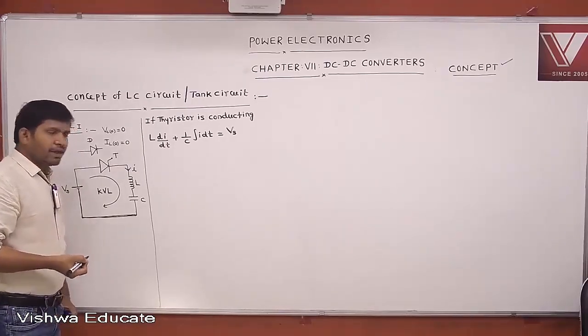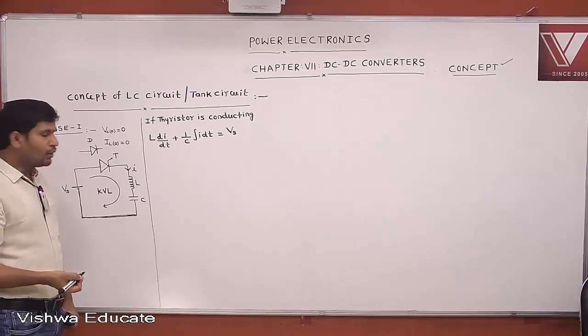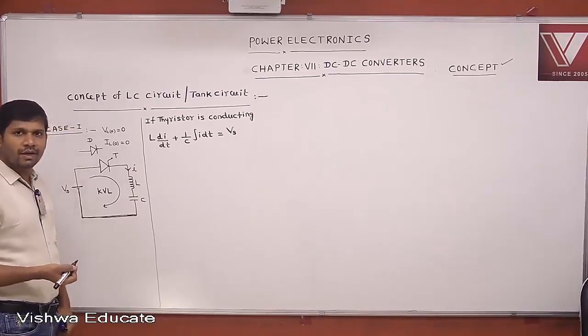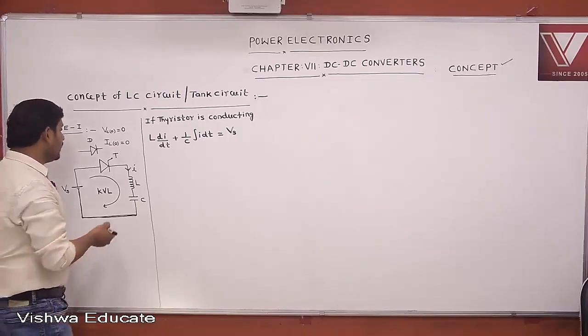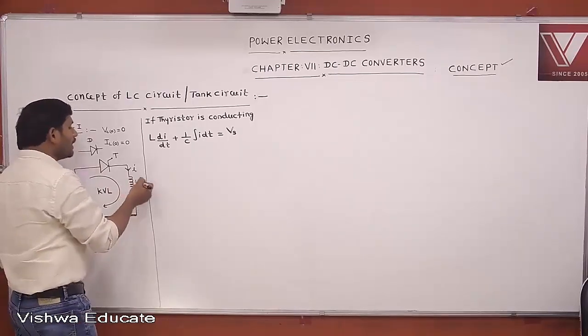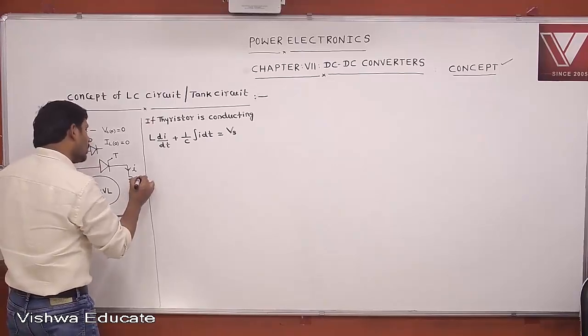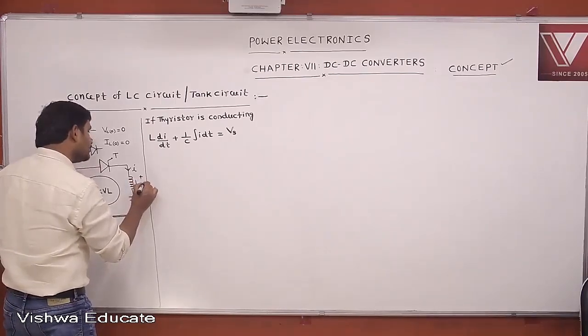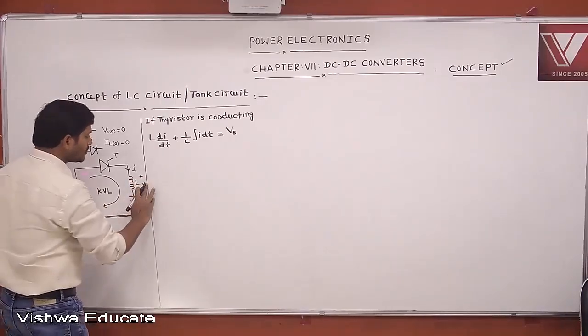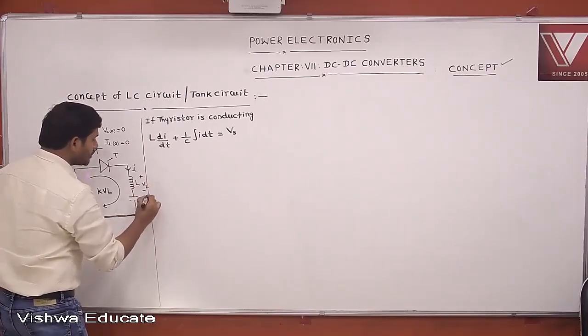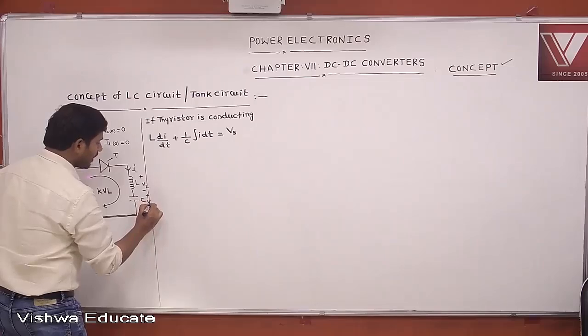Now, to find the equation for I and the voltages across the inductor and capacitor: if the thyristor is conducting, the inductor stores energy, and there must be some voltage across the inductor and some voltage across the capacitor.